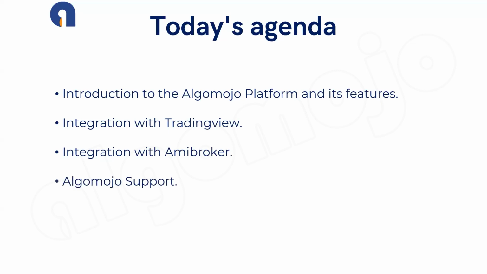A brief about Algomojo support, and in case you have any queries, you would like to have a look at anything specific, feel free to ask during the course of the session itself. We will try and address them. In case you have anything specific in, say, TradingView or in Amibroker, let me know. I will use those examples to show how to do the automation.